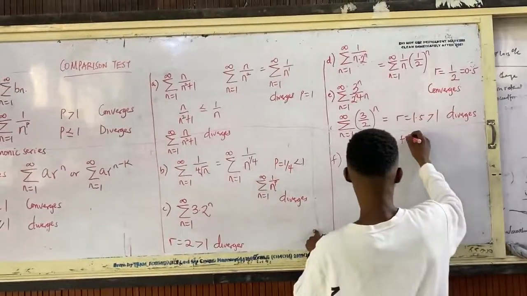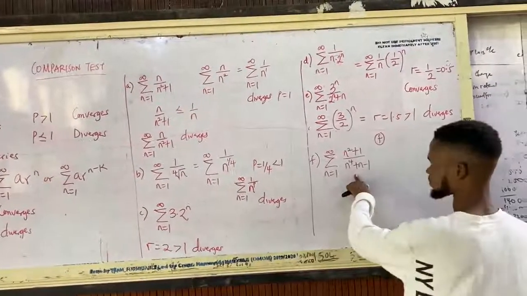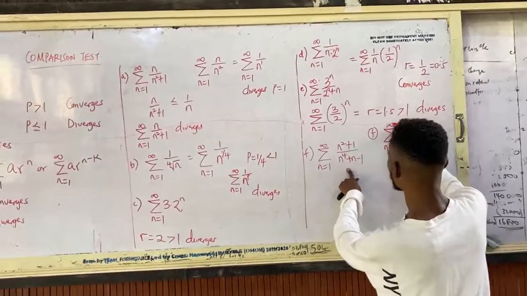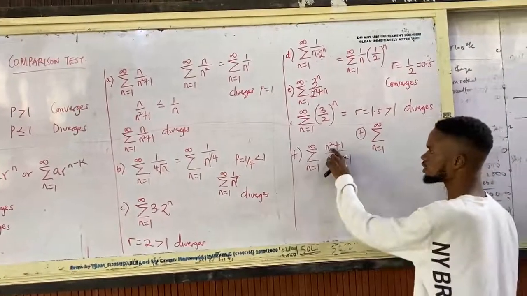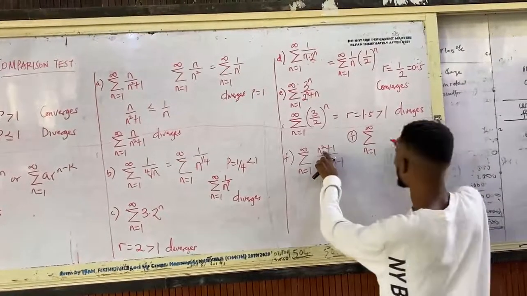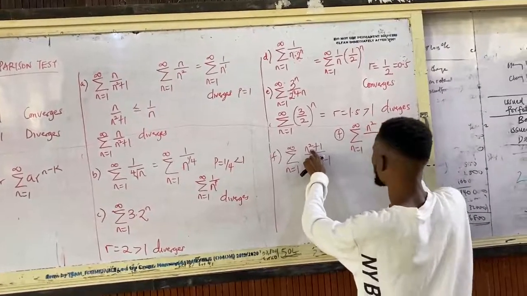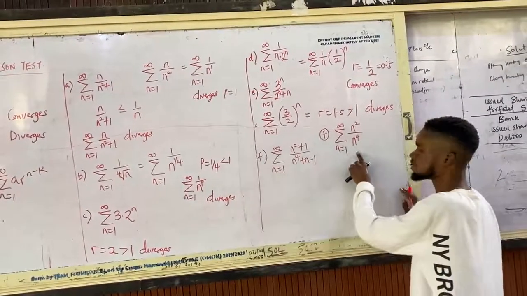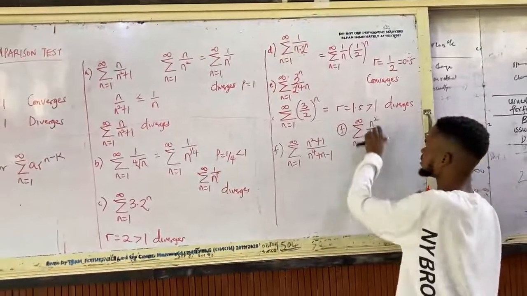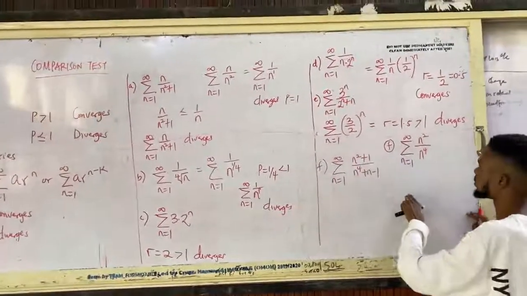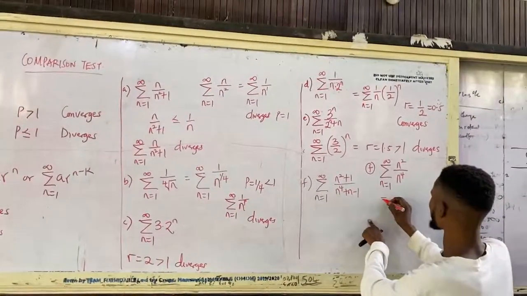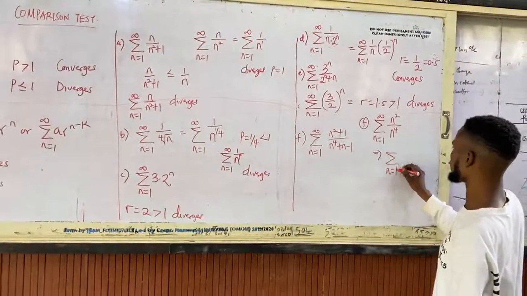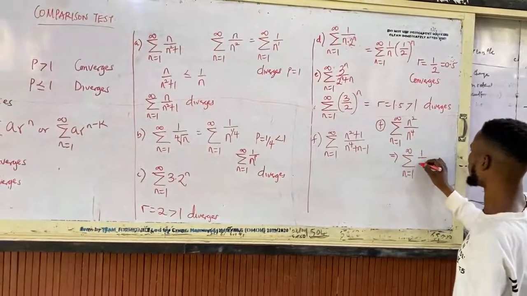And F, this series here behaves like this series. This is n squared plus 1. The highest here is n squared over. The highest here is n raised to power 4. So this series behaves like this series, and clearly, this is less than or equal to this. So this is the same thing as the sum from 1 to infinity of 1 over n raised to power 2.